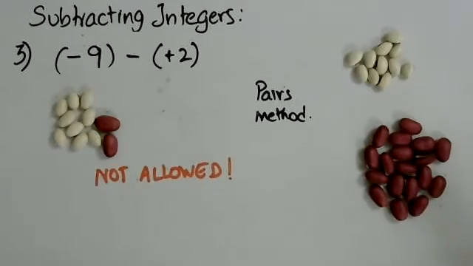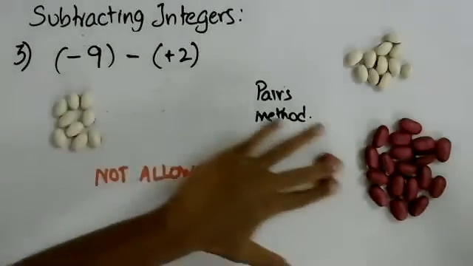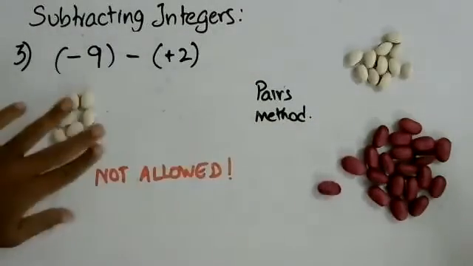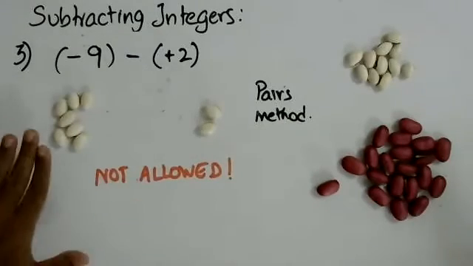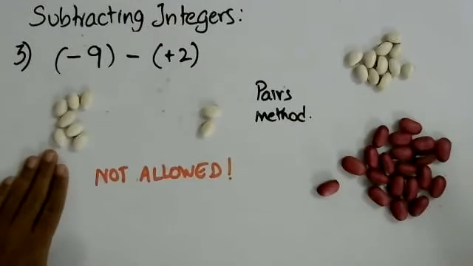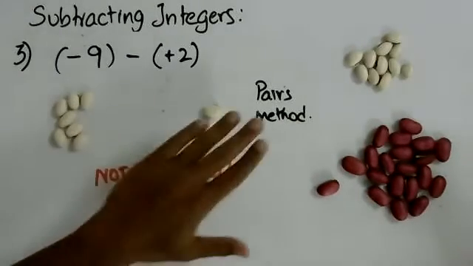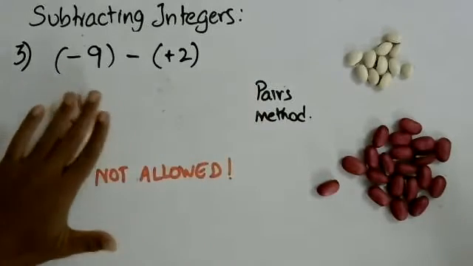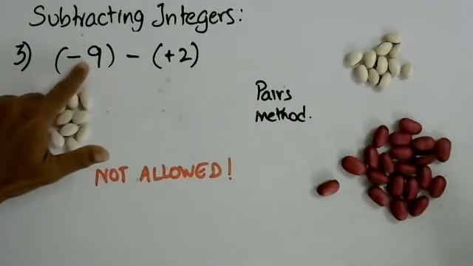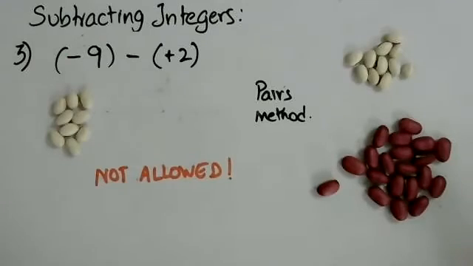And if you add something to it or you remove something from it, that number changes. And we are not allowed to change the numbers in mathematics because you change the whole sum when you do that. So something that is not allowed, you are not supposed to do.